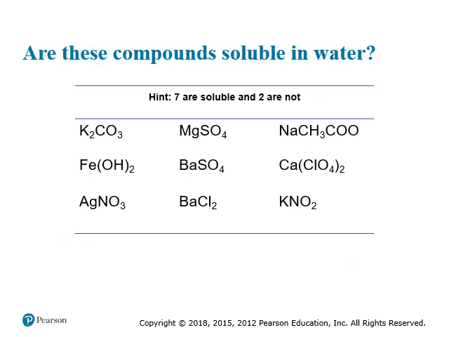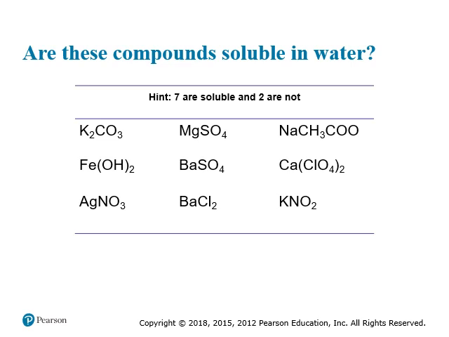So let's put our understanding to the test. Here we have 9 compounds. My question to you is, are these compounds soluble in water? If placed in water, will these compounds dissolve in water? Once again, this would be a really good time to learn those polyatomic ions if we haven't already.